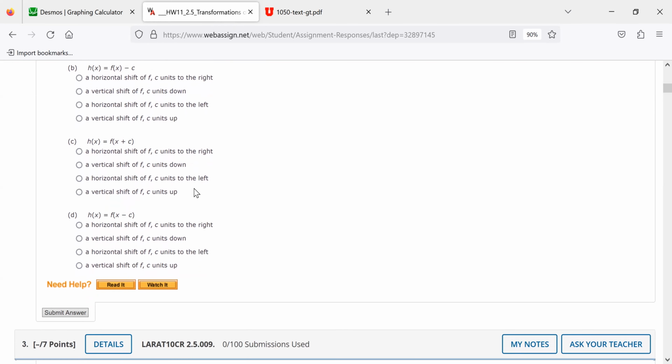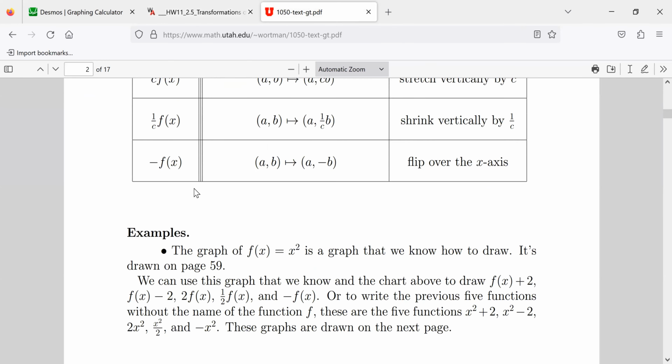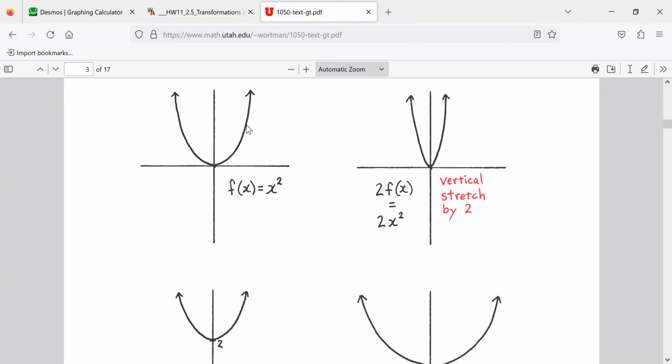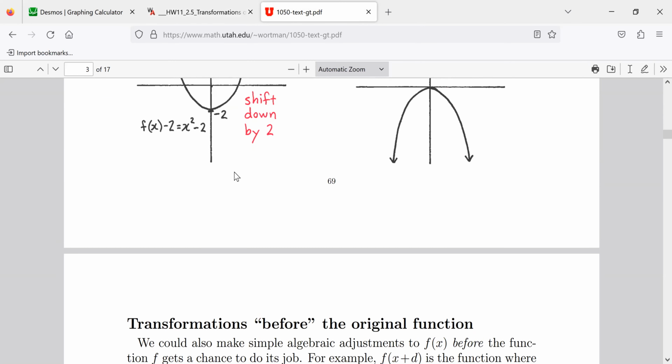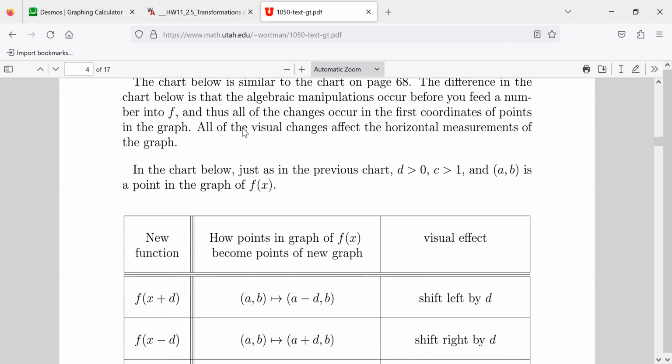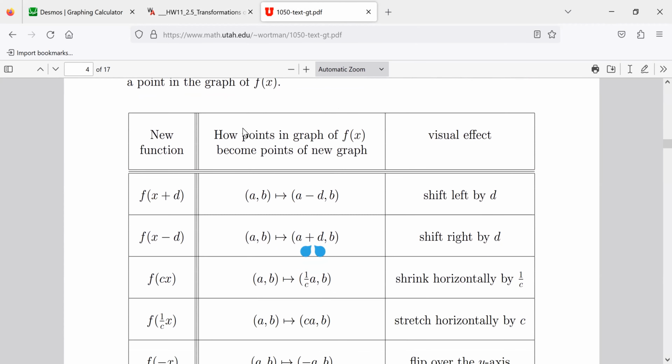Okay. What about C and D? What type of transformation is that? So this one is kind of opposite. So if it's plus C inside, it's going to be shifted to the left. If it's minus C, is shifted to the right. So if we look at that PDF in the center there. Right.